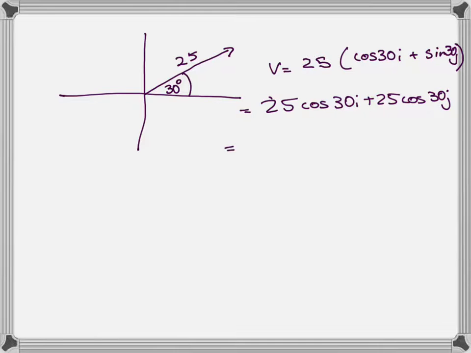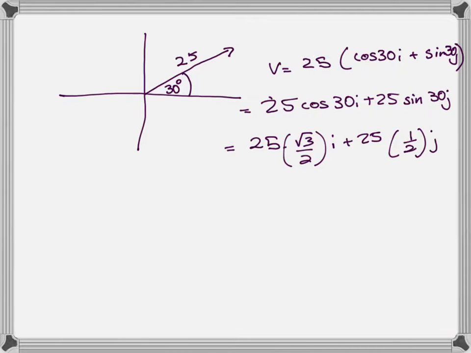And then, of course, we find the cosine of 30, which is the square root of 3 over 2. And that is i plus 25 times sine of 30, which is 1/2 j.